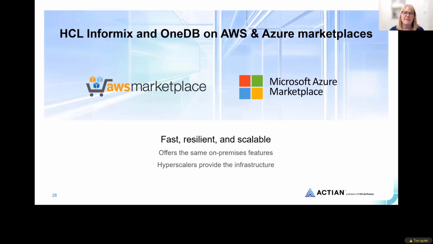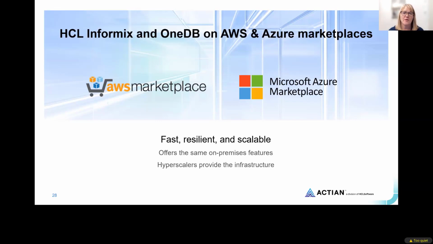So we have a couple of offerings that we have put out for both HCL Informix and OneDB on different hyperscalers, including the AWS marketplace and the Azure marketplace, where we have a VM version that we're starting with. And I think of that as an incremental opportunity to still continue to have the same type of interactive DBA control over the database, but without all of the risk of managing the infrastructure.